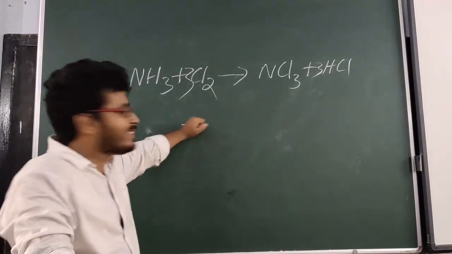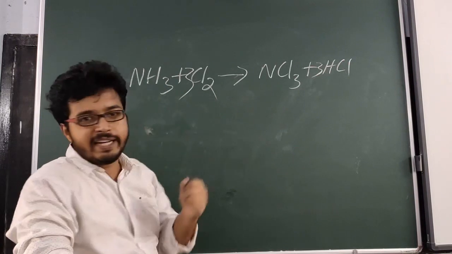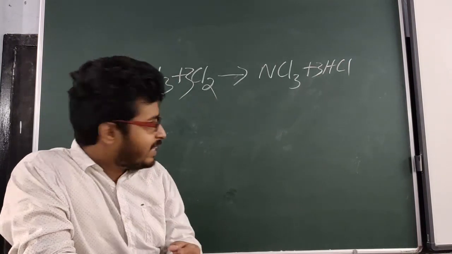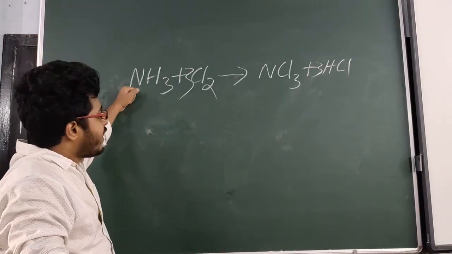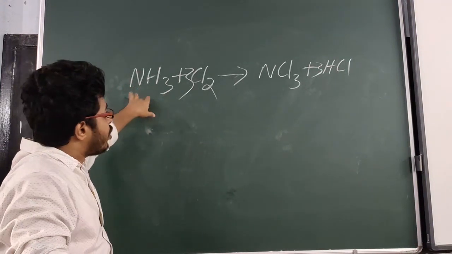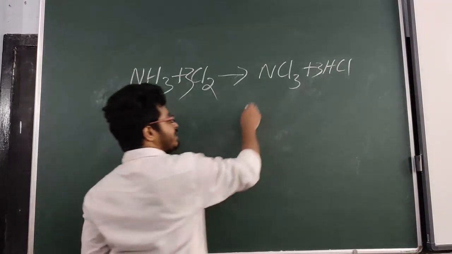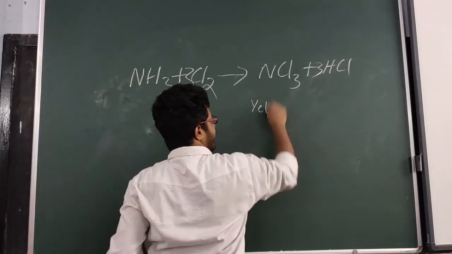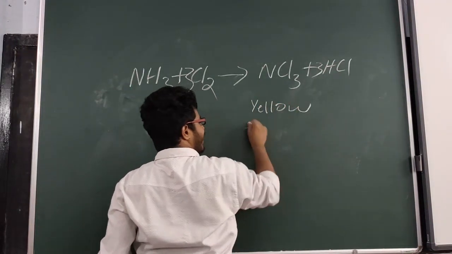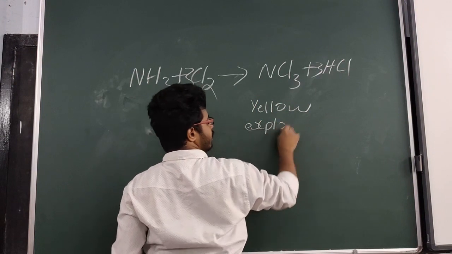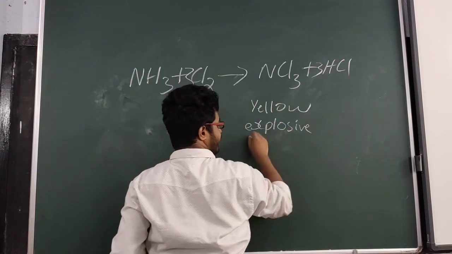I hope you remember this reaction, you might have studied it in lower classes. When chlorine is dissolved in ammonia solution, there is formation of a yellow explosive liquid.